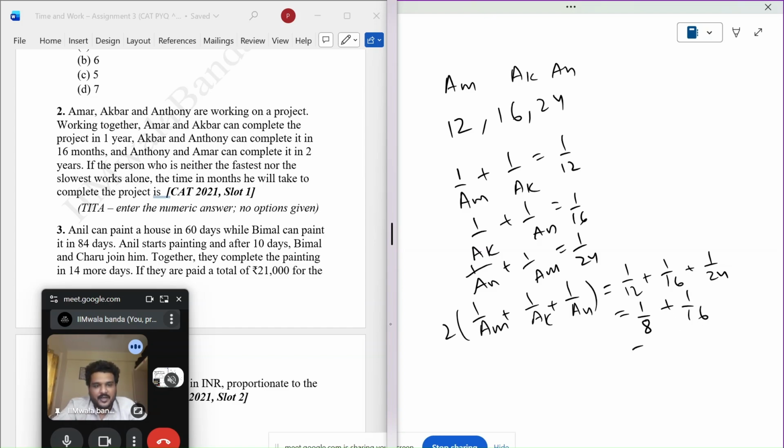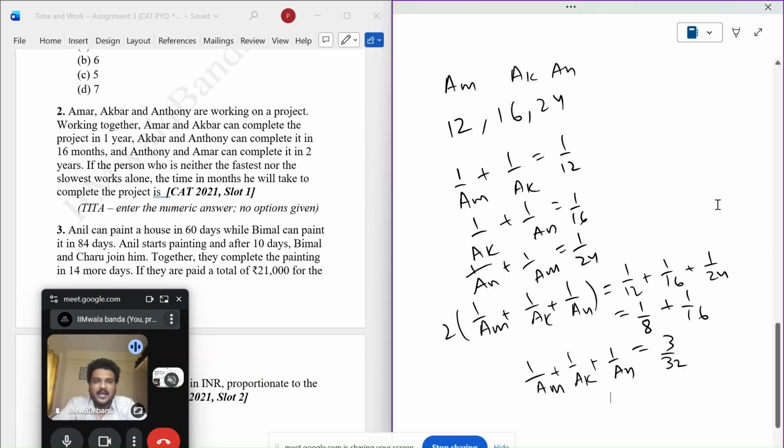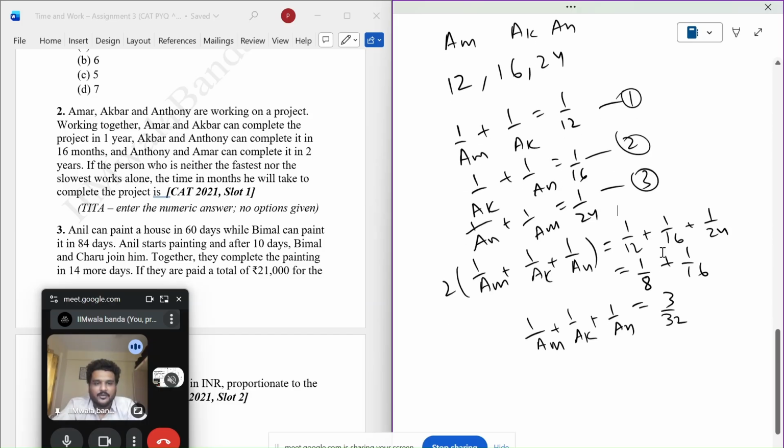Then 1 by 16 and this is 2 by 16, so 3 by 16, and that 2 will come here, so it will become 3 by 32. This is AM plus AK plus AN. This you should have done mentally, that the sum is basically adding these three fractions, and now all we have to do is keep on subtracting these equations to get all the values.